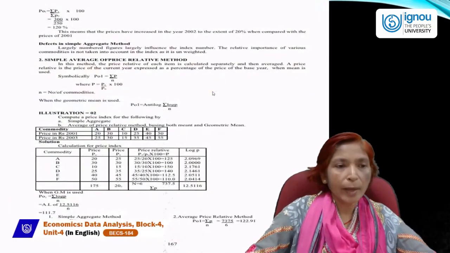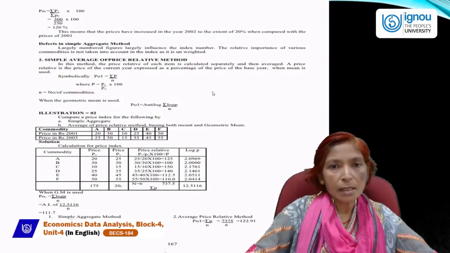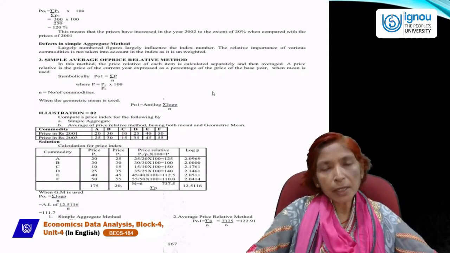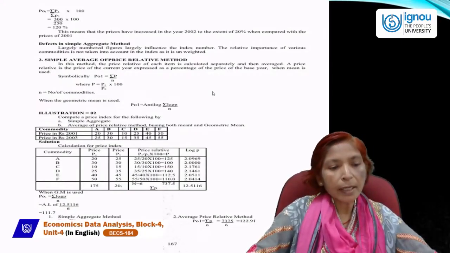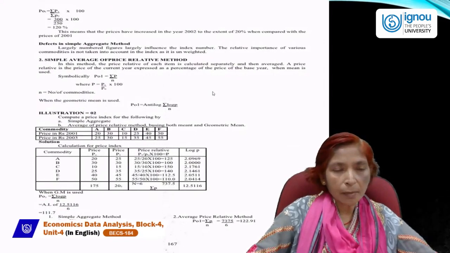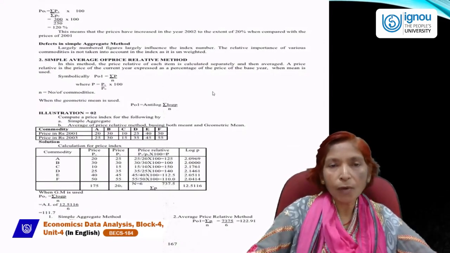Next is a numerical question. It's a very simple question. How can we estimate the simple index number? The simple index number is very easily calculated. Symbolically we can denote it by P01.